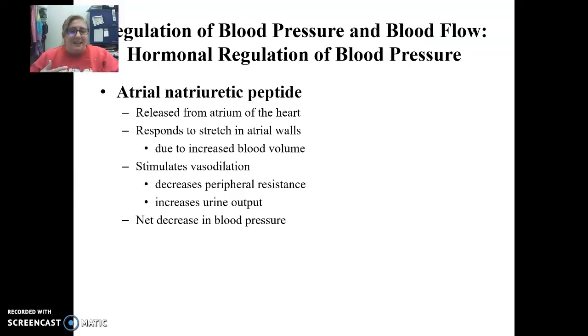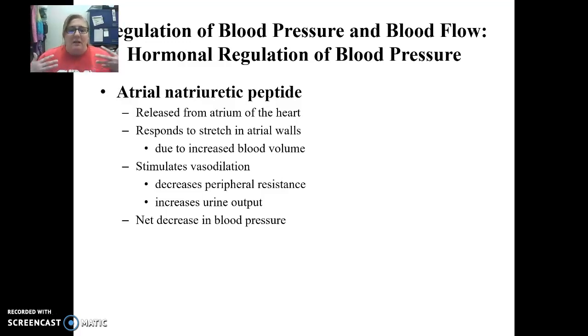ANP then moves into the blood and it inactivates angiotensin II, it inactivates aldosterone, it inactivates antidiuretic hormone. It causes blood vessels to relax, so they enlarge. It reduces the amount of aquaporins and stops us from taking in too much sodium. This lowers blood pressure back down to where it needs to be.